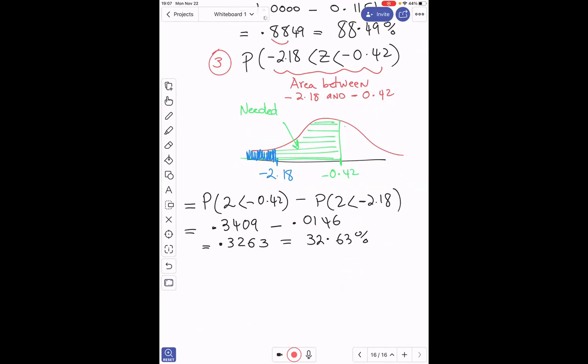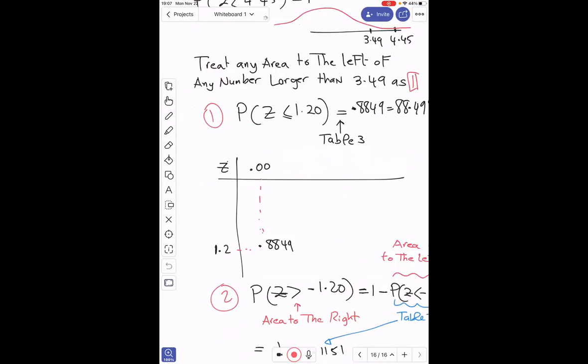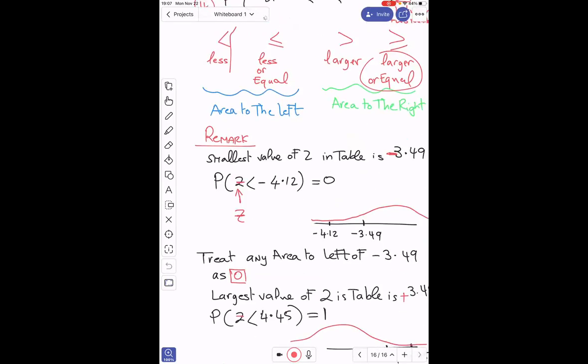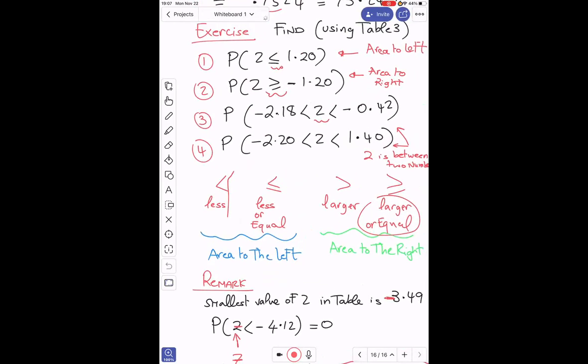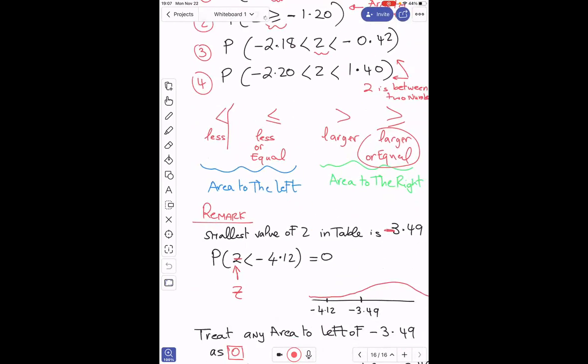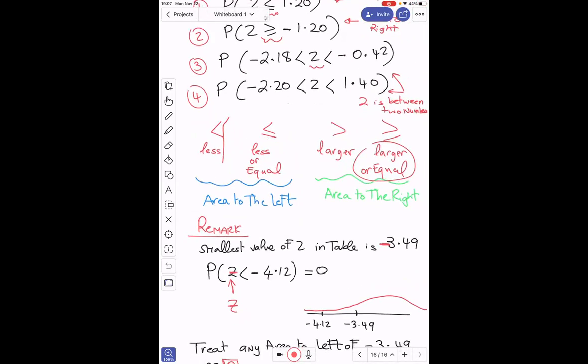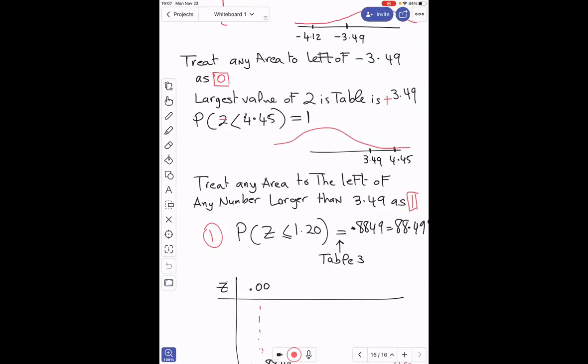And last one, number 4. We need the probability that z is between negative 2.20 and 1.40. The idea is the same, of course.